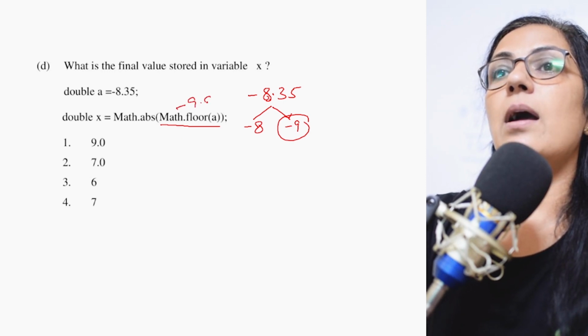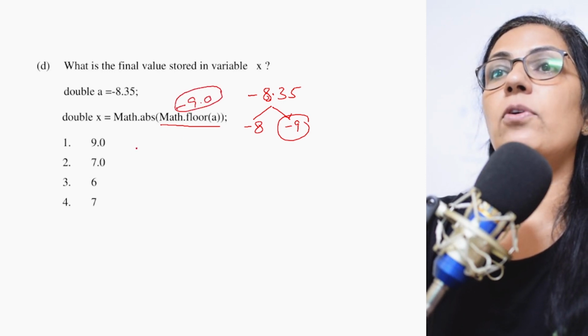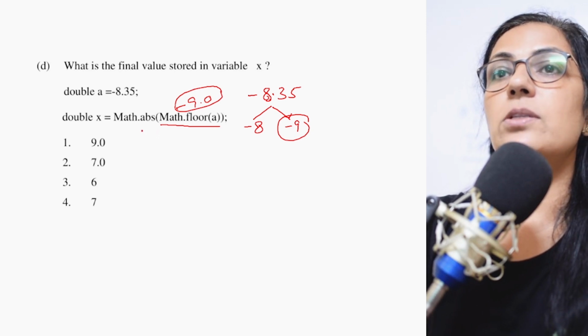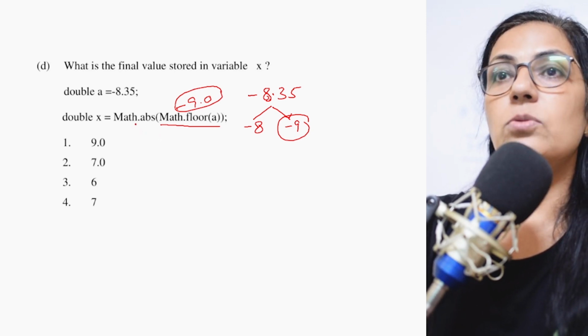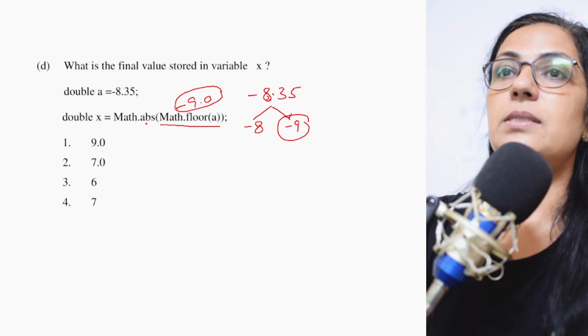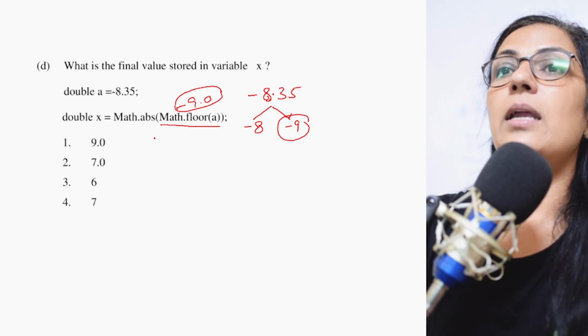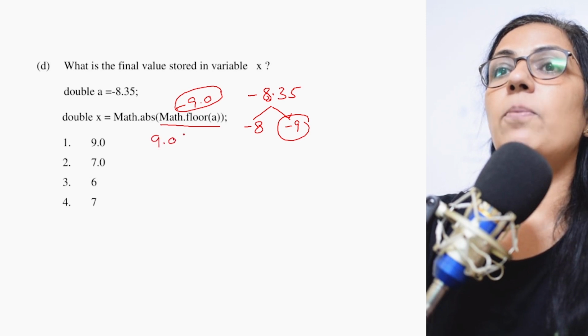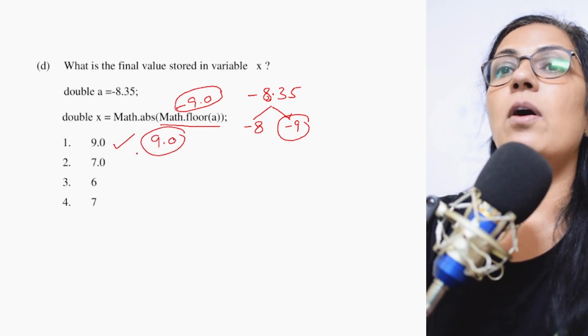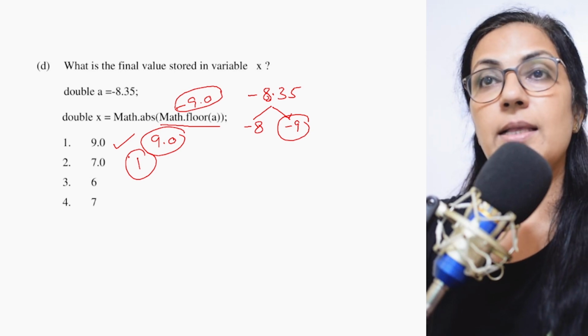So the answer of Math.floor will be minus 9.0, and abs, which stands for absolute, removes the sign, and it will result in 9.0. So we have option 1 as the correct answer.